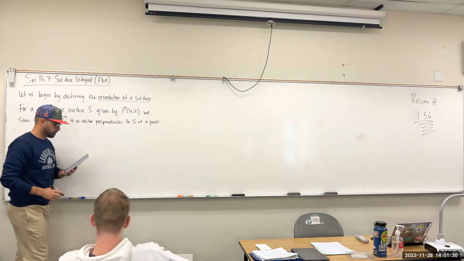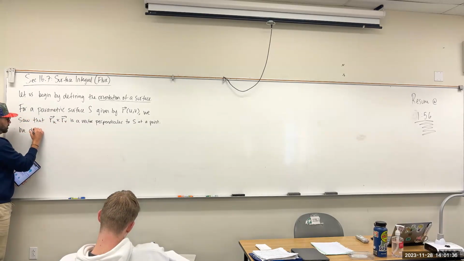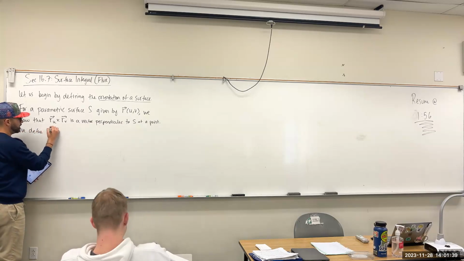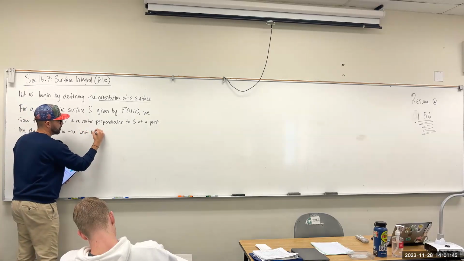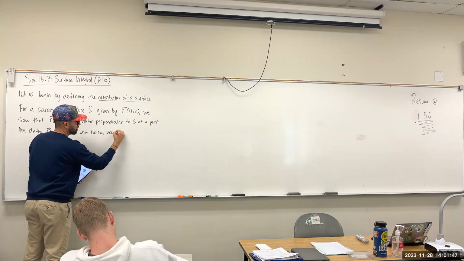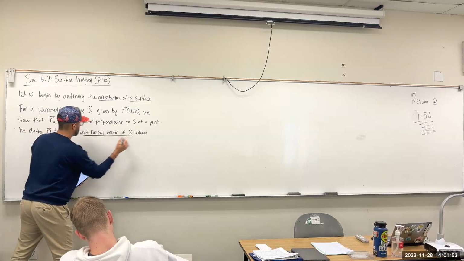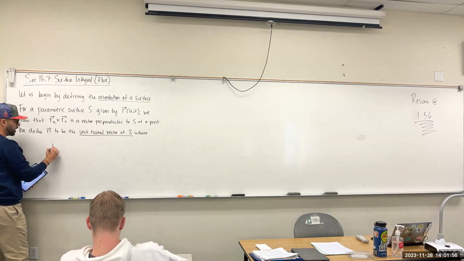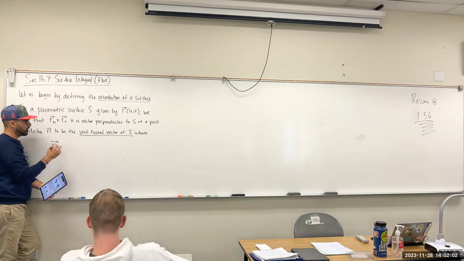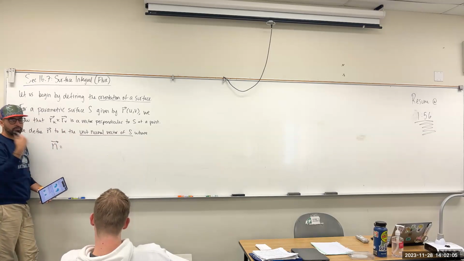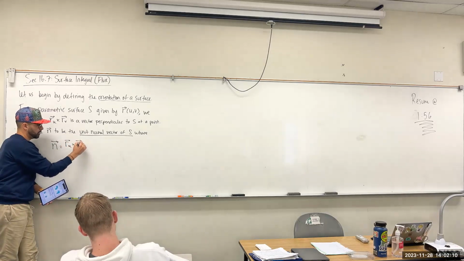Right, we just discussed that. So we define N to be the unit normal vector of S, where N is the vector you get from this cross product, but you want it to be a unit vector. So we just divide off its magnitude.